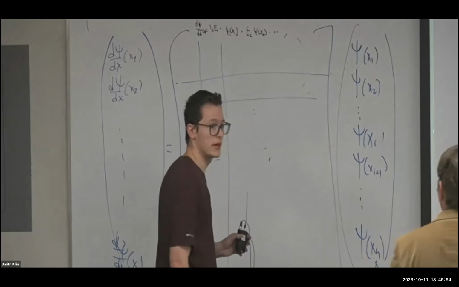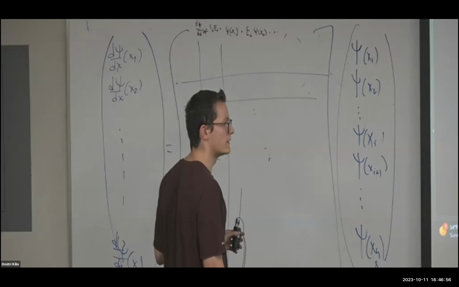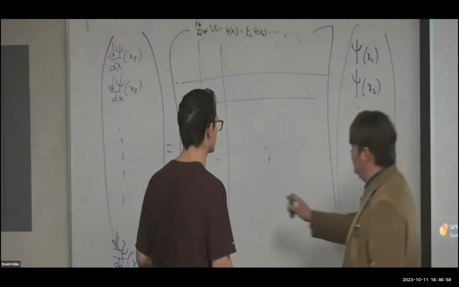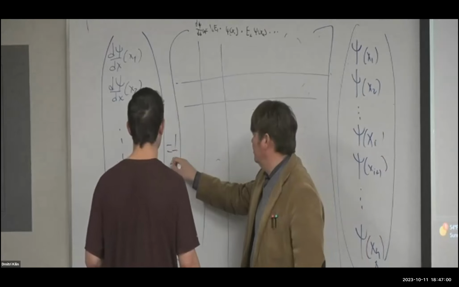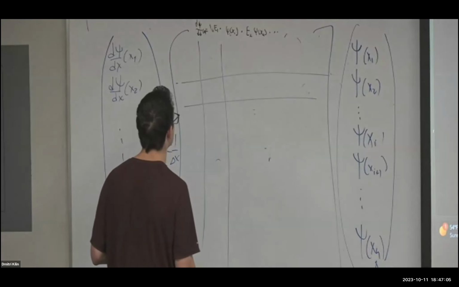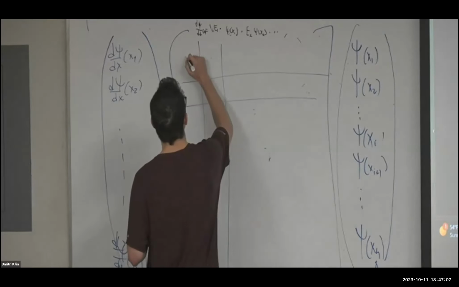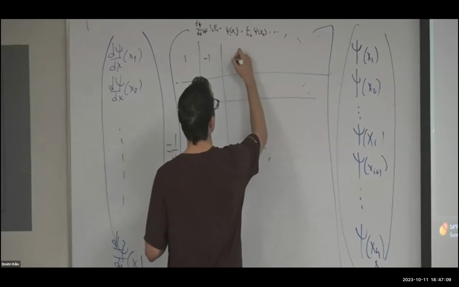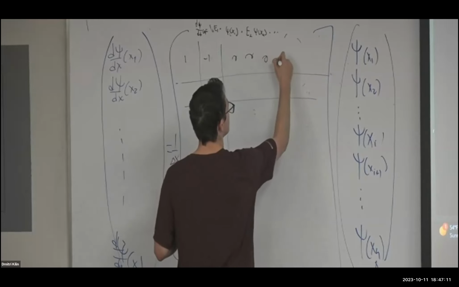So we're assuming all the x's are the same, right? Yes. All the x's are the same, and we can even put the 1 over dx outside. Okay, in that case, I'm just going to go 1, negative 1, 0, 0, 0, 0.